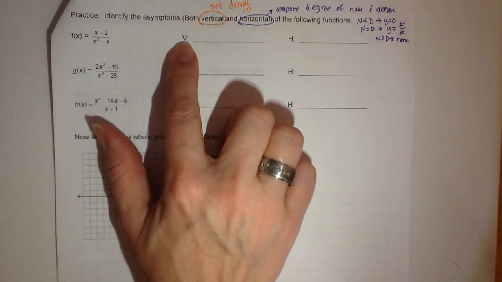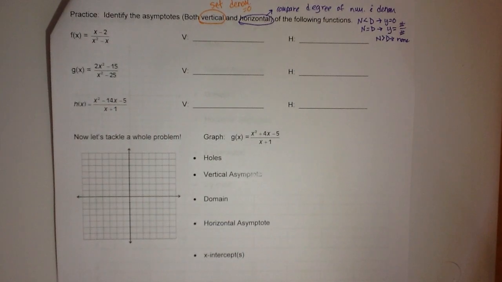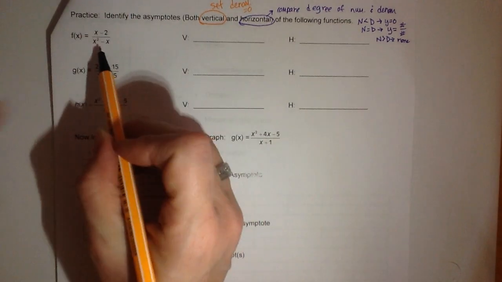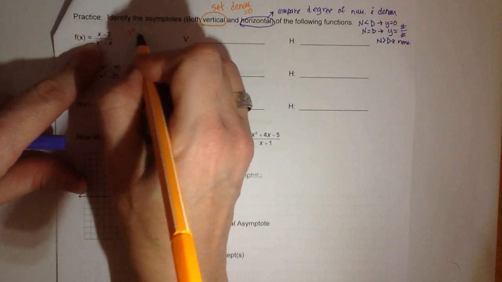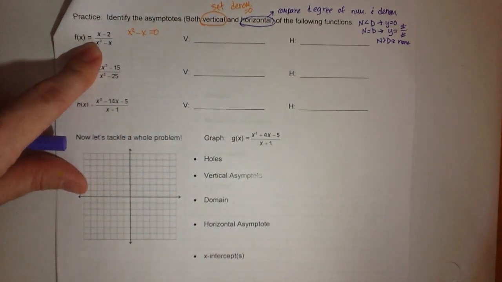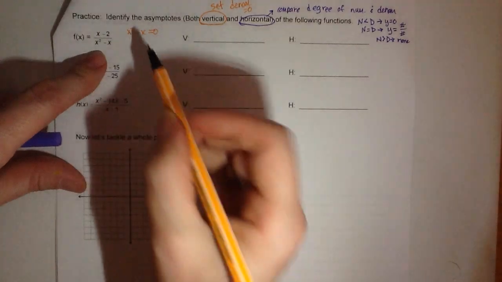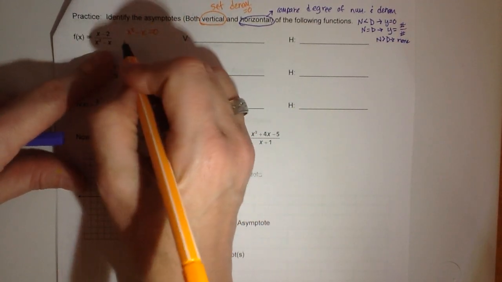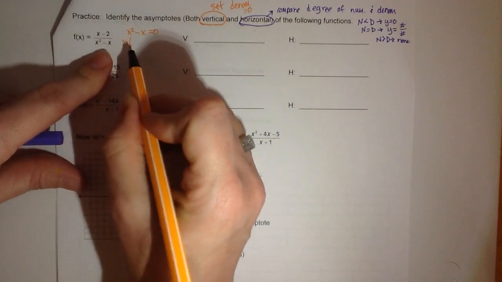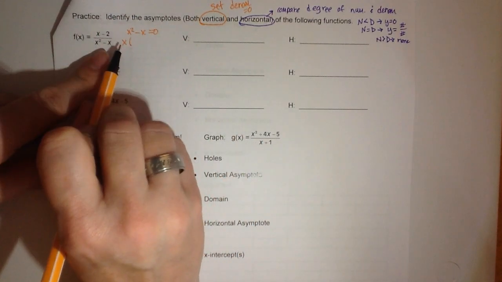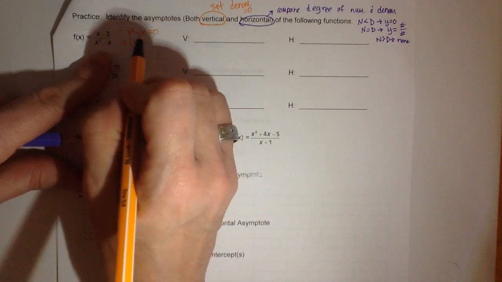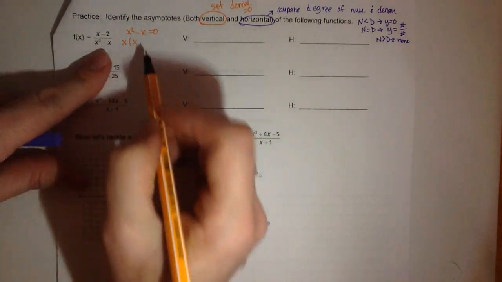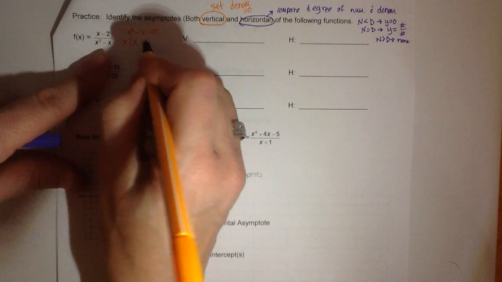For our vertical asymptotes, remember we set the denominator equal to 0. So we will take x squared minus x, set that equal to 0. And then we're going to factor this. So we have a GCF of x, so take out x, and we're left with x squared divide out x leaves me x. Negative x divide out x leaves me negative 1.